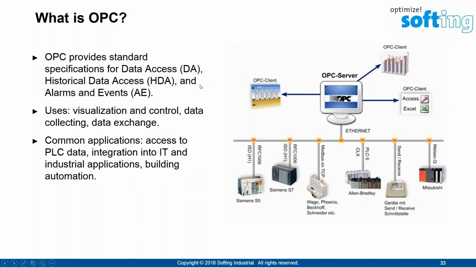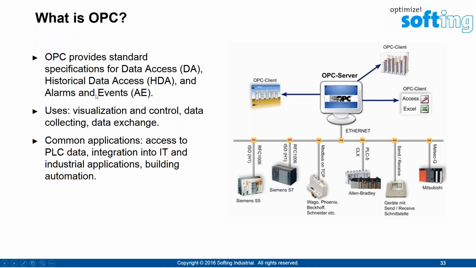OPC provides 3 specifications. OPC data access, which is the most common, OPC DA. This specification defines data exchange, including values, time, and quality information. You also have historical data access, HDA, and this specification defines query methods and analytics that may be applied to historical timestamp data.